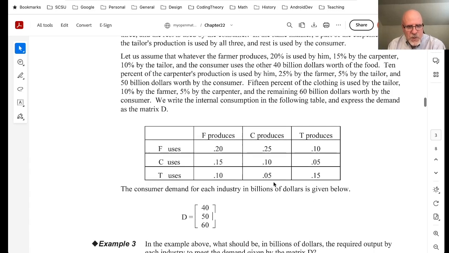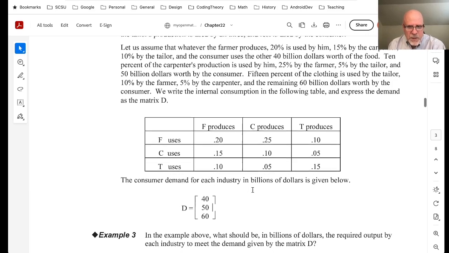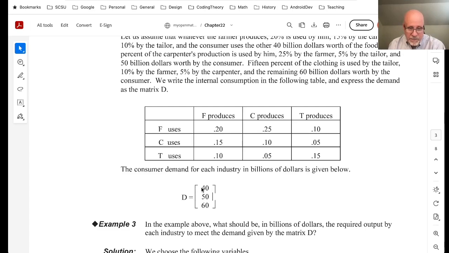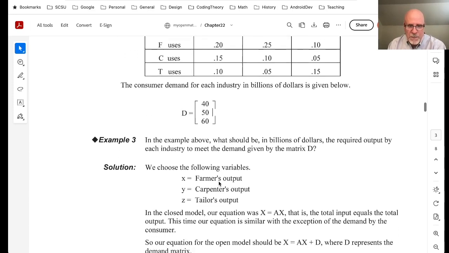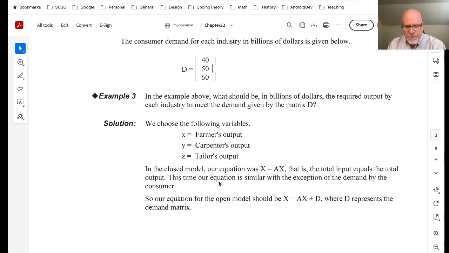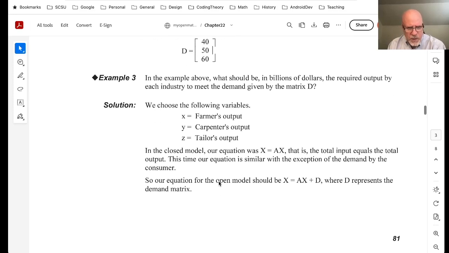But then there's consumer demand for each industry in billions of dollars. These are very productive farmers, carpenters, and tailors. Anyway, 40, 50, and 60 are the numbers. So how do things change?